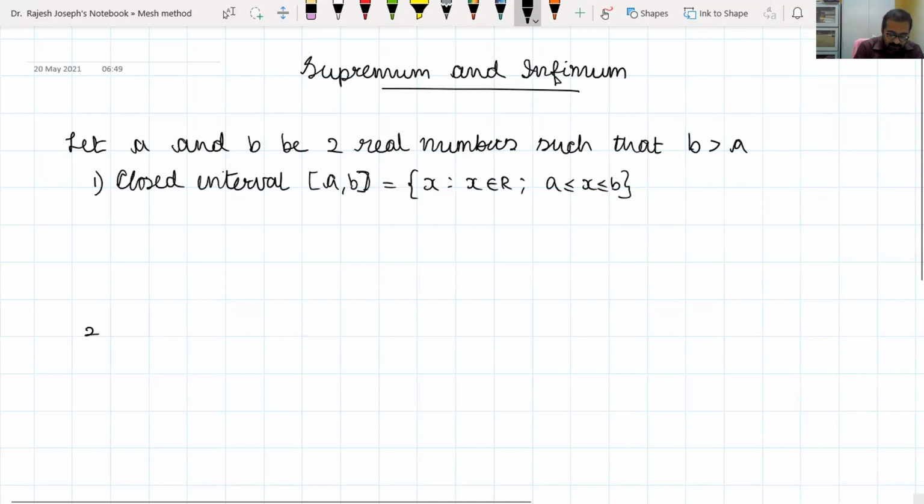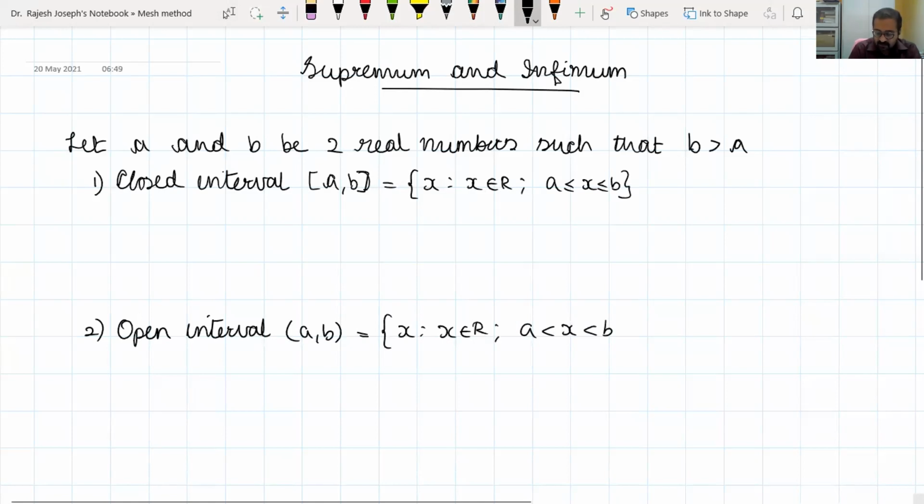Now we will consider an open interval. Open interval is denoted with round brackets, A comma B. That is defined like this: X, where X is any real number, such that A less than X less than B.